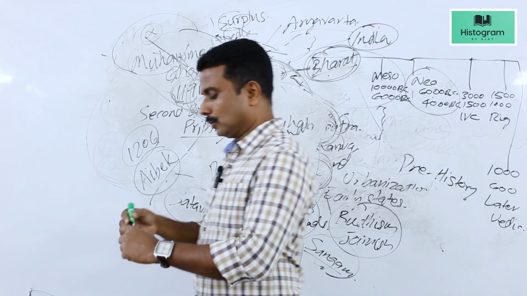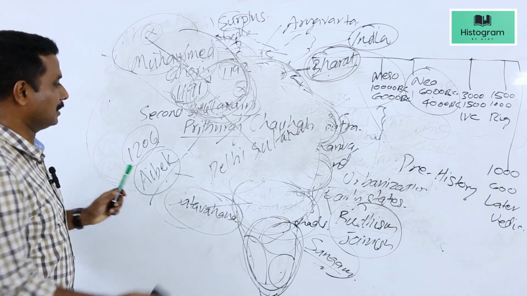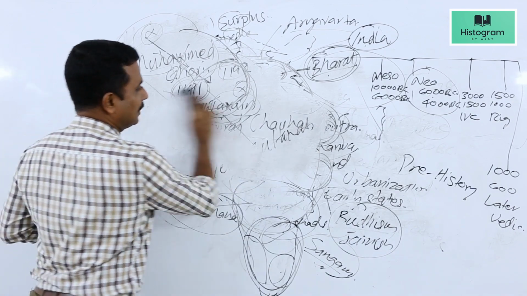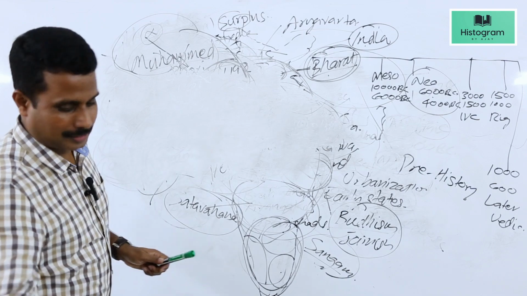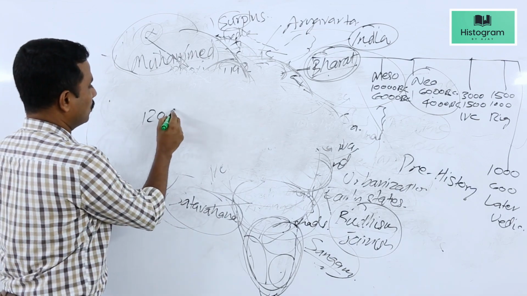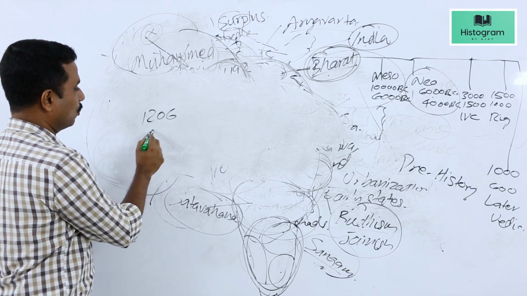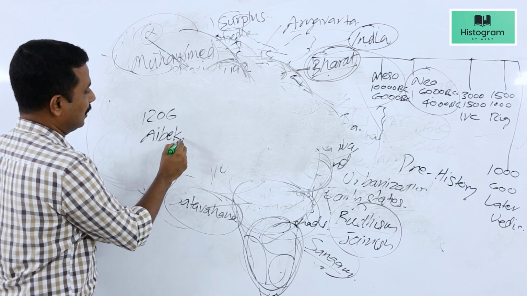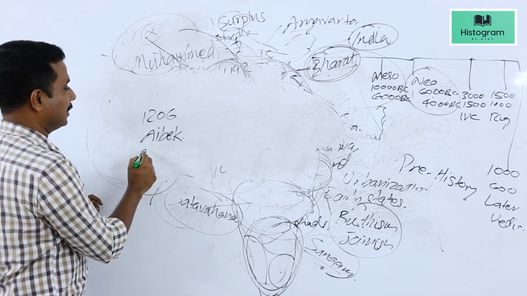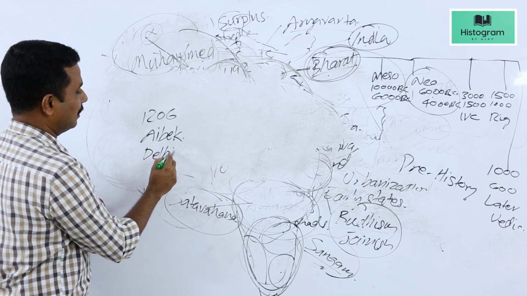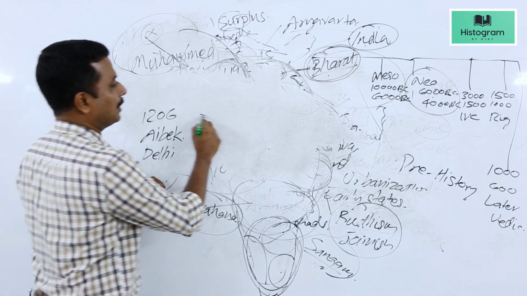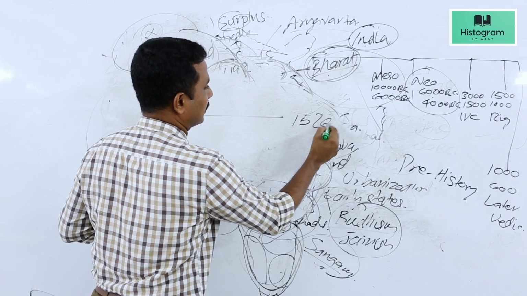So we enter into another stage in Indian history, known as the Delhi Sultanate. It extended from 1206, the year in which Qutbuddin Aibak declared an independent state based at Delhi. Delhi was the capital, and it went up to 1526.